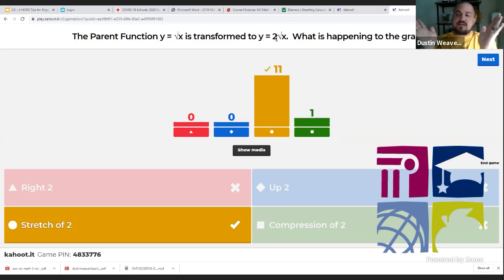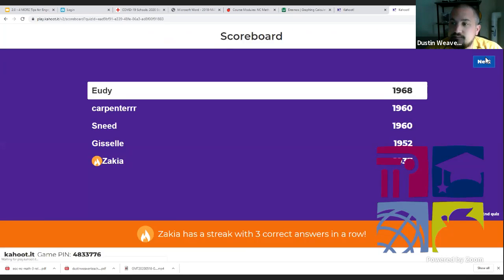Now, I will tell you this, a stretch is like a compression. If you compress something, remember, you're pushing it down. Some people call a horizontal stretch also a compression because you're pushing it down. But a vertical stretch is what would happen here because our slope would change from 1 to 2, so it would be stretched vertically.